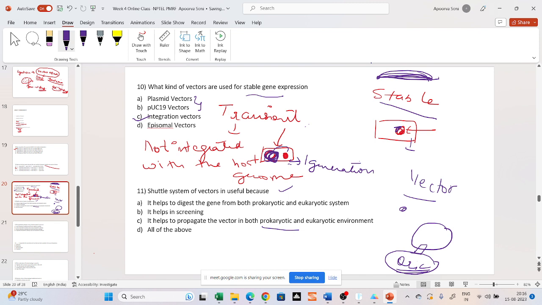So a shuttle vector is designed in such a way that it has origins of replication for prokaryotes and also for eukaryotes. Whether you transform this vector into a eukaryotic host cell or a prokaryotic host cell, in both systems it can work. So the shuttle system of vector is useful because it helps to propagate the vector in both prokaryotic and eukaryotic environments.